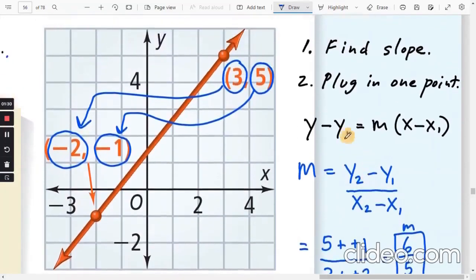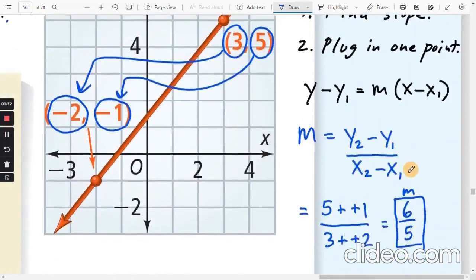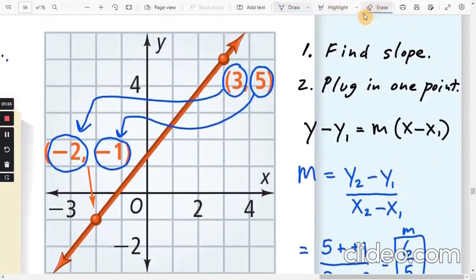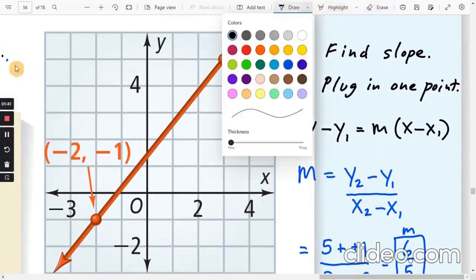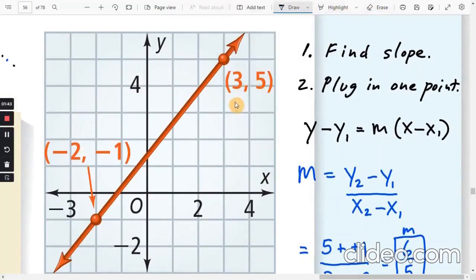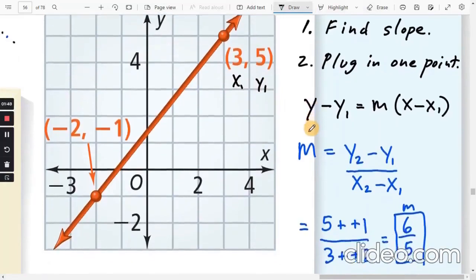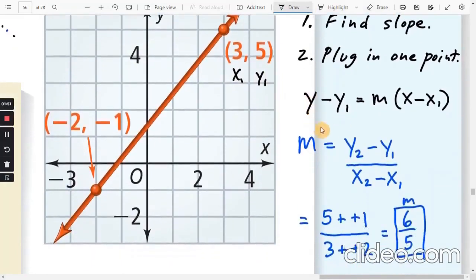So if we were to write this equation here, we just pick either one of these points and plug it in for x1 and y1. Let's call this point x1 and y1. Let me erase this formula here.